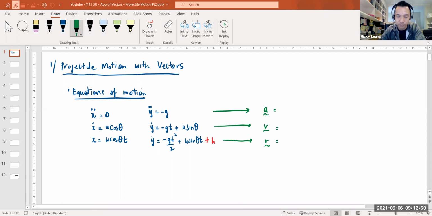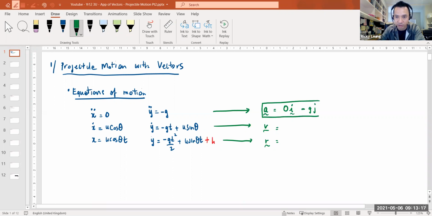So all they do when they combine it in vector form is say this is horizontal, this is vertical. They use i and j for horizontal and vertical, and then all they do is put the numbers in front. So 0 in front of the horizontal, and minus g in front of the vertical. That's it.